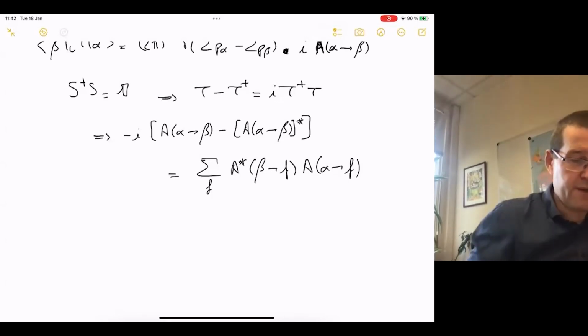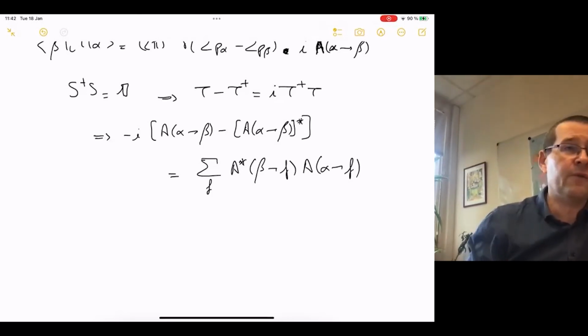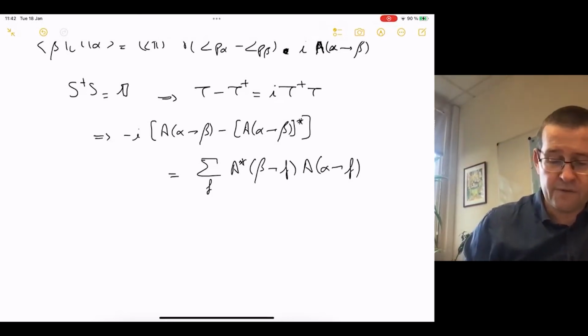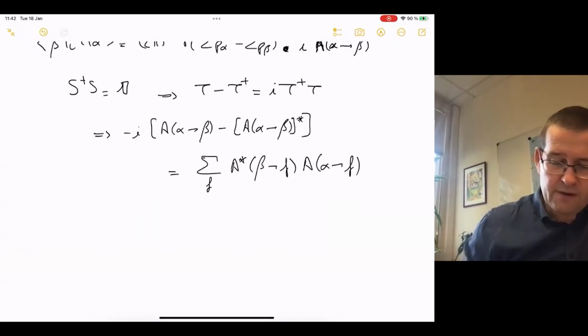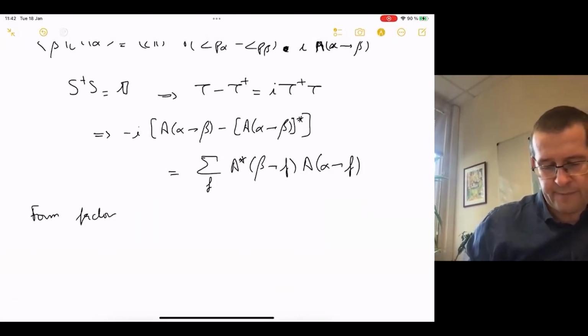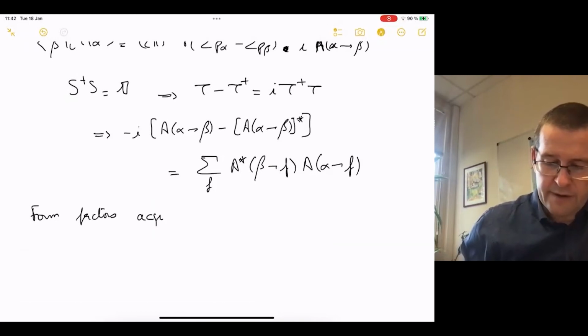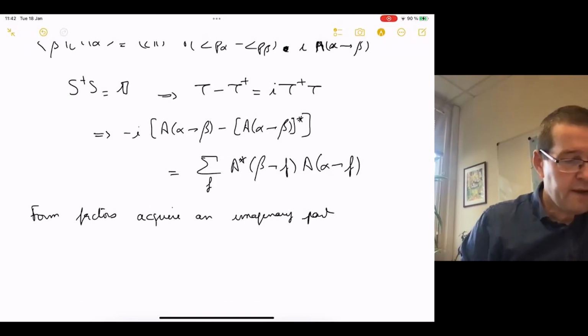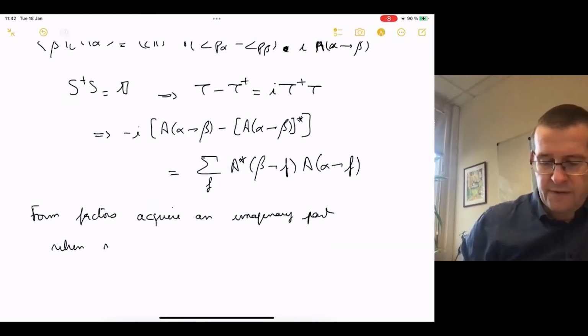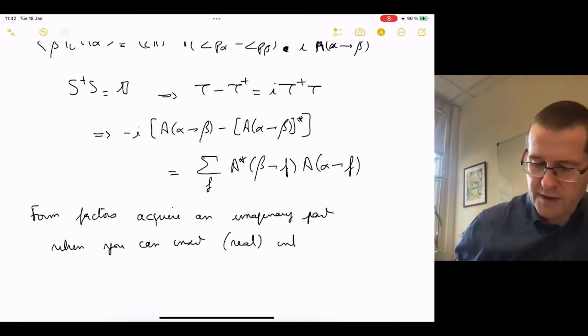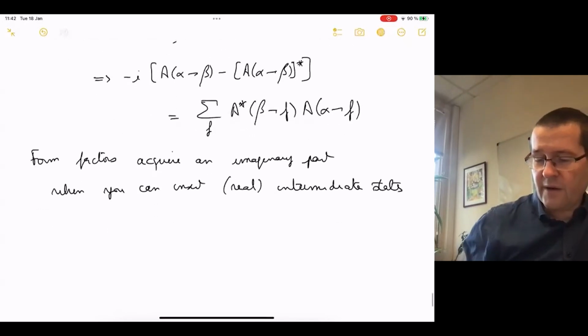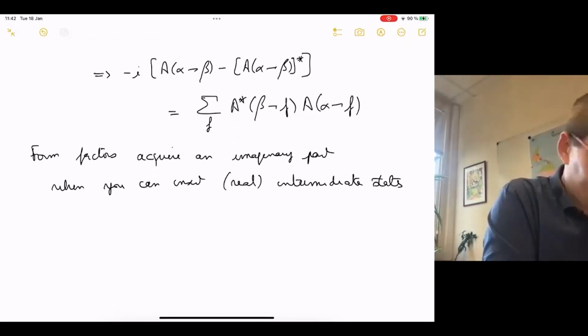And so that means that at the level of the form factors, because the form factors are derived from those kinds of decay transition amplitudes, the form factors acquire an imaginary part when you can insert real intermediate states in between the initial and the final state.